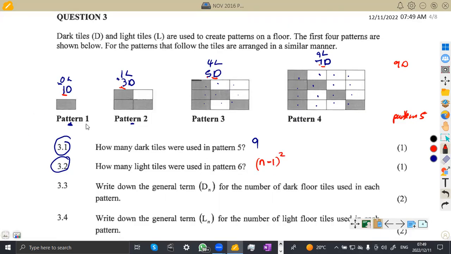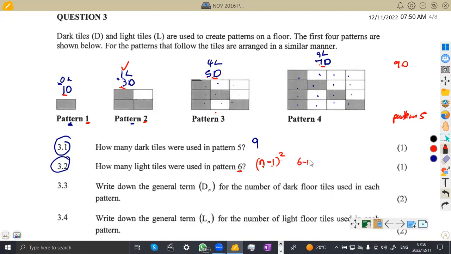The first one, if it is the first pattern, it's 1 minus 1, that's 0 squared. If it is the second pattern, that's 2 minus 1 squared, which is 1 squared, which is 1. The third one is 3 minus 1 squared, which is 2 squared, that is 4. So that is how you simply find these values. All right, so meaning to say, for pattern 6, it is going to be n, which is 6.